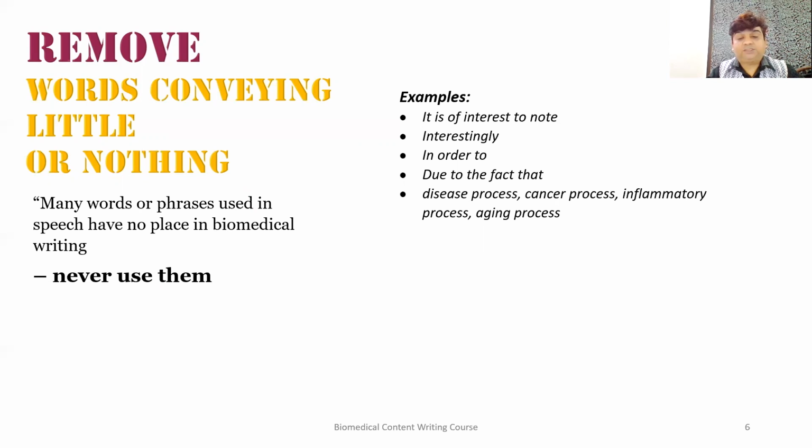There is no aging process. It's the aging. There is no point of adding the word process along with these words. So these are some of the words which do not actually convey the meaning, but are mostly used just to add fluff to your content, without moving the meaning of your content forward.